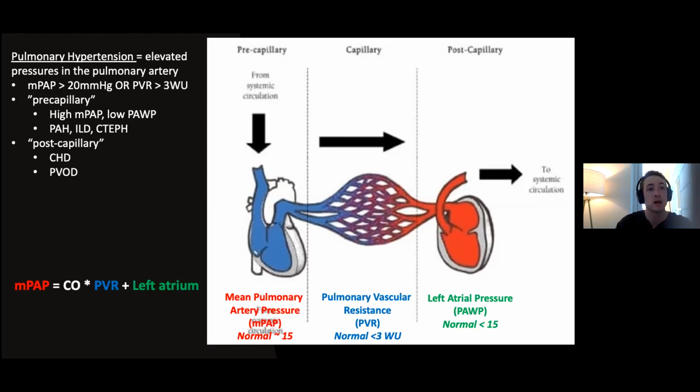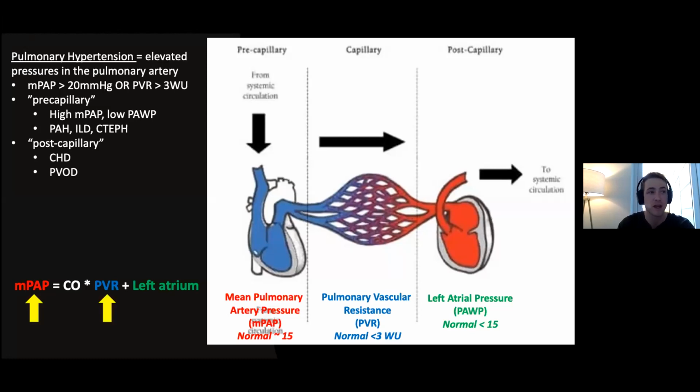So when we're wondering why our pulmonary artery pressures are elevated, we can see that this is because of either a precapillary lesion, such as constriction or destruction of the pulmonary arteries causing high pulmonary vascular resistance, or this could be from a post-capillary lesion, such as back pressure from a poorly functioning left ventricle.